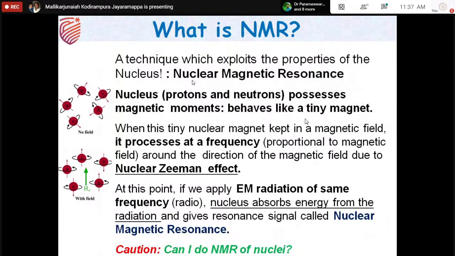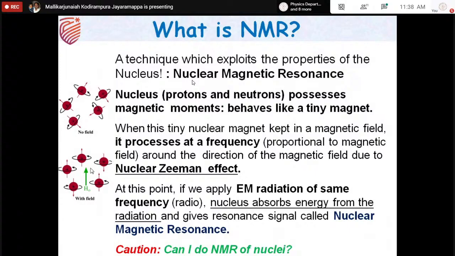We know that these kinds of tiny magnets, as given in this left-hand side figure, are randomly distributed within the molecule. But if you start applying an external magnetic field, the way this green arrow is shown, then these individual nucleons start revolving.